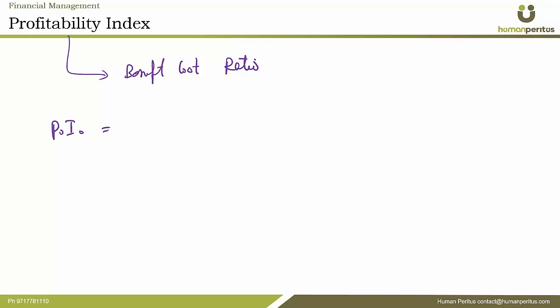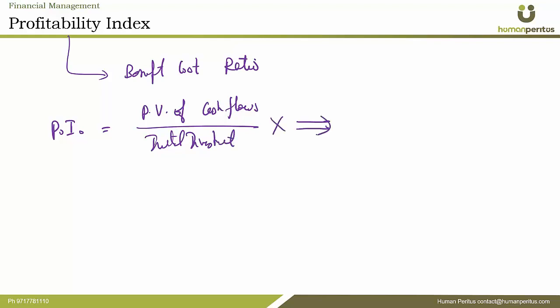Although some books will write it as present value of cash flows divided by initial investment, I assume this is not a correct way. This is wrong. So what is the correct definition?